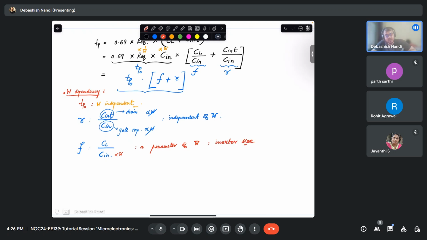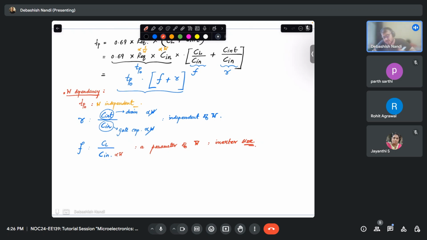So this is very important to understand. How will we determine the sizing of the inverters? From the delay itself. We want to minimize the delay. Delay depends on your resistance and capacitances.